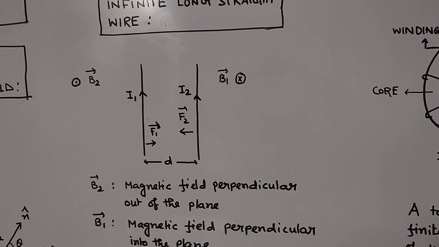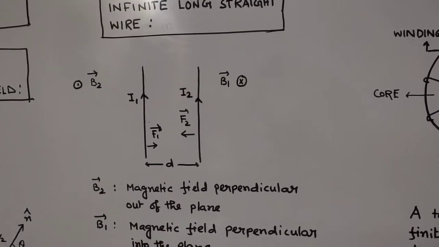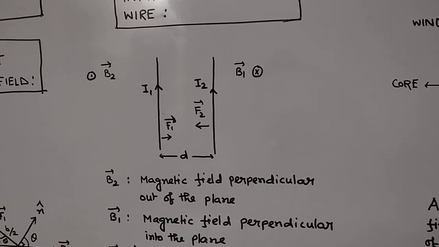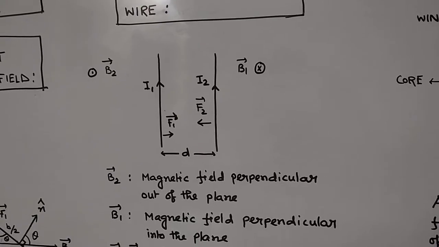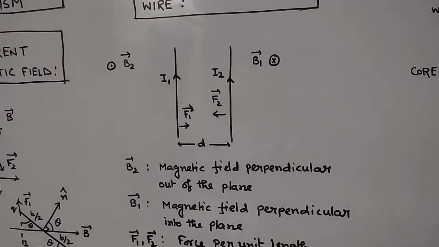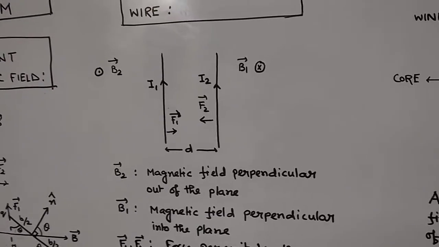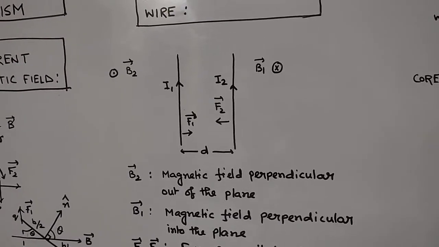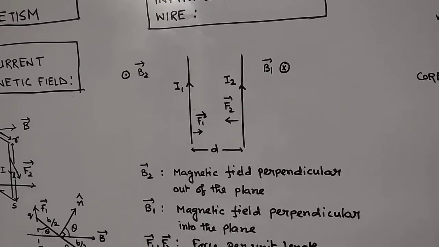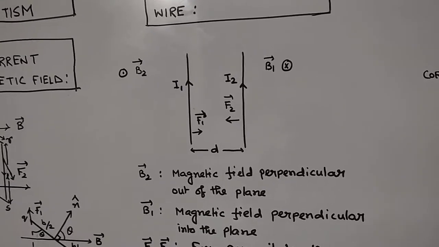Now B1 is already the magnetic field due to the current I1, and I2 has its current, so definitely it has its own magnetic field. So due to the interaction between the two magnetic fields, there is a force. Similarly, in the case of current I1, there is a magnetic field, and there is already an existing magnetic field B2 due to the current I2. So there is an interaction, and as a result there is a force.